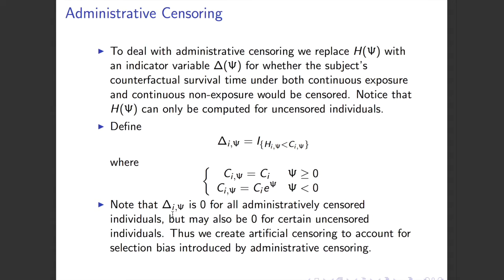So we may also have the 0 value for certain uncensored individuals. Thus we created a kind of artificial censoring to account for the selection bias. Like we explained before, if we have administrative censoring, we may just include people who survive under some regime but not the other, so we have this kind of selection bias.